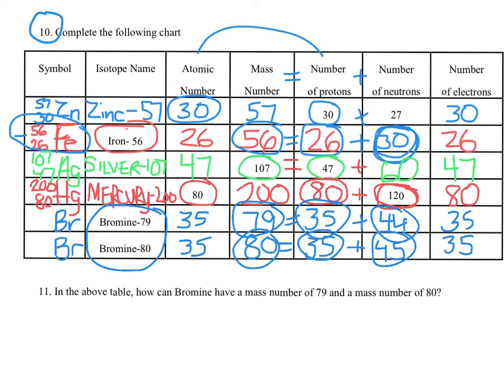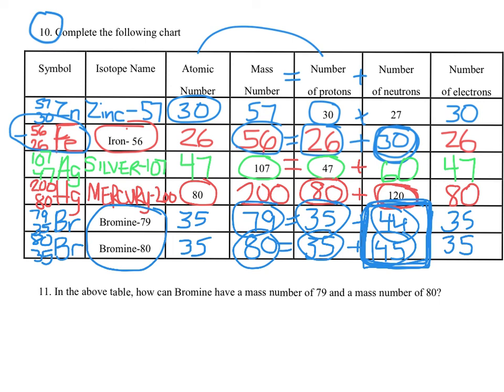So the only difference between bromine 79 and 80 is really the number of neutrons. And that's what we've been saying the whole time, that an isotope is the same exact element, same protons, just different number of neutrons. So let's finish this off. Bromine is 79 on top, bromine is 80 on top, but they both have 35 on the bottom for their symbol.